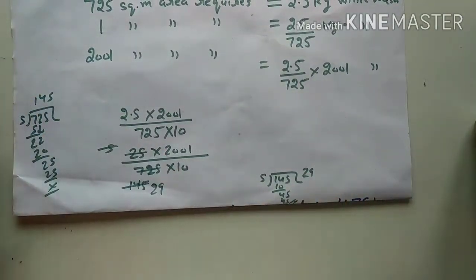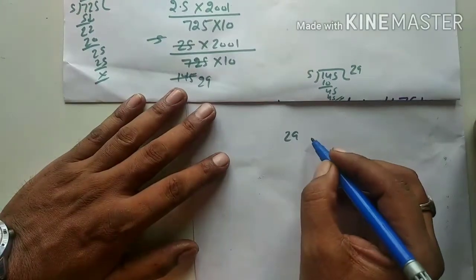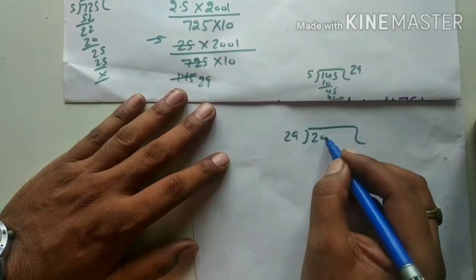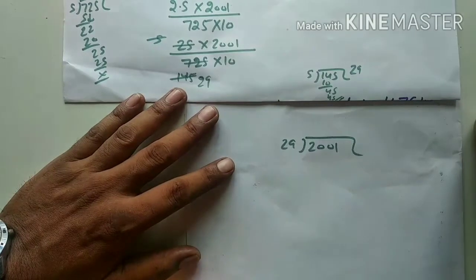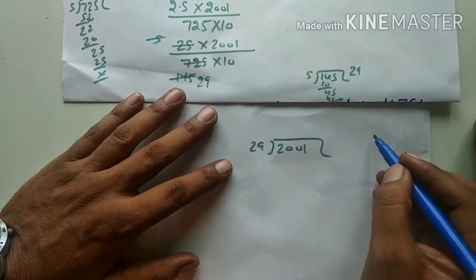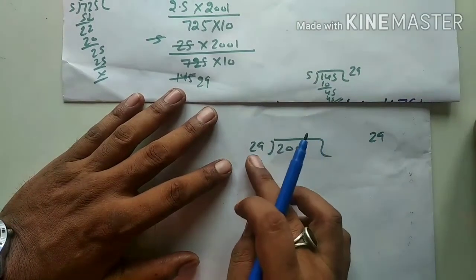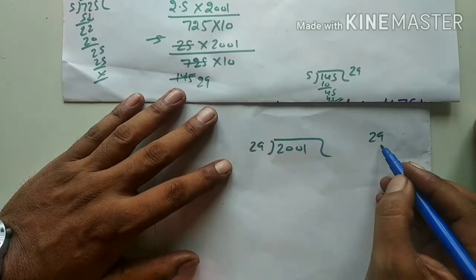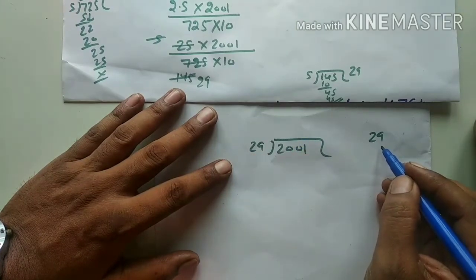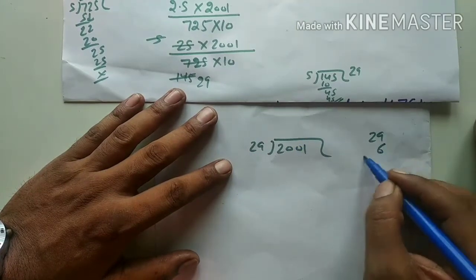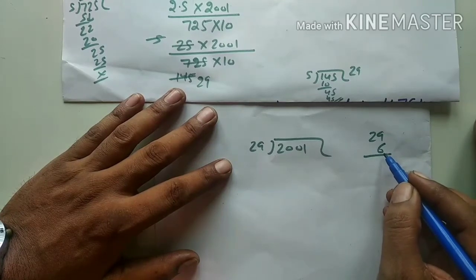For this, now we don't know the table of 29, so I will multiply 29 with 2, 3, 4, 5, 6, 7, 8, 9. I multiply with 6.